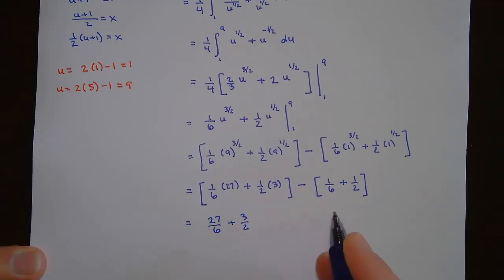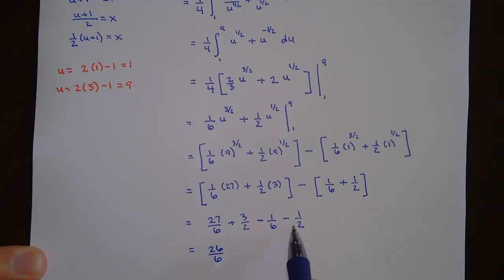I would leave it like this because over here we have 6 and 2 also. And then we're going to do minus 1/6, and also minus 1/2. So 27/6 minus 1/6 is 26/6, and 3/2 minus 1/2 is 2/2, so that'd be plus 2/2.